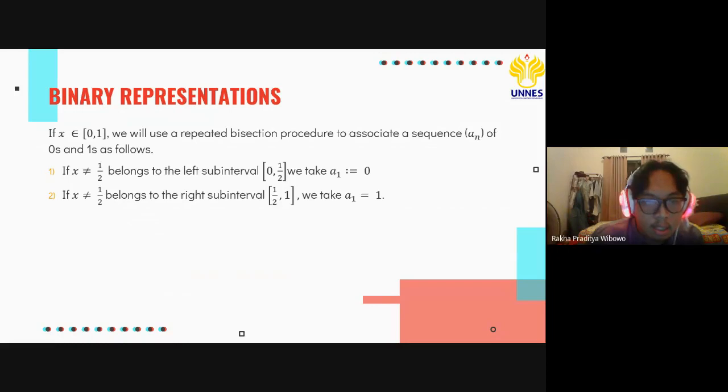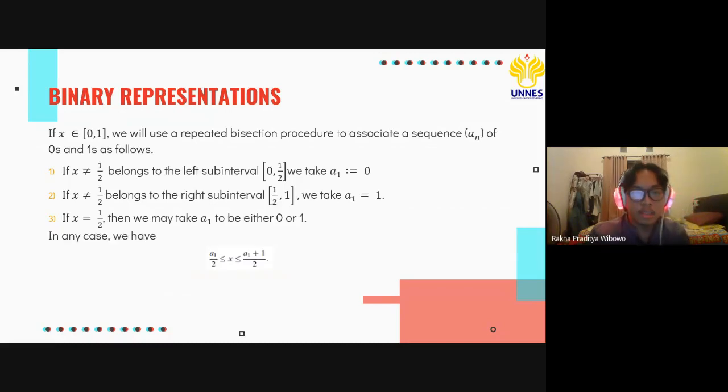If x, not equal to half, belongs to the right subinterval, the closed interval half to 1, we take a1 equals 1. And if x is equal to half, then we may take a1 to be either 0 or 1.